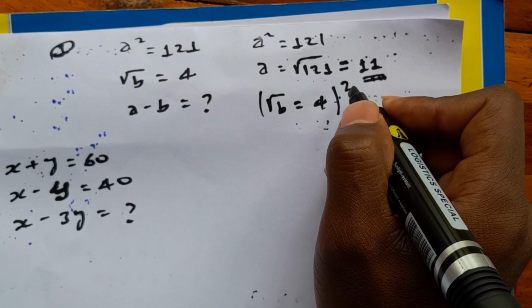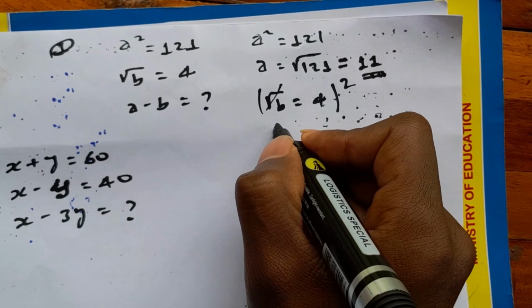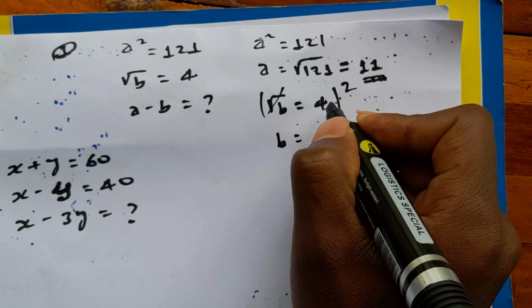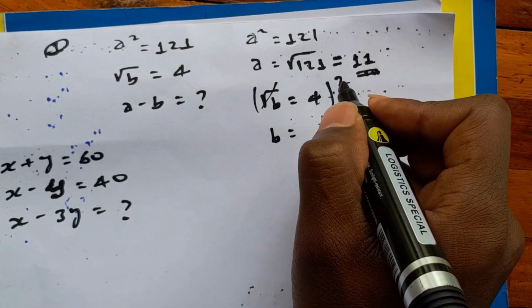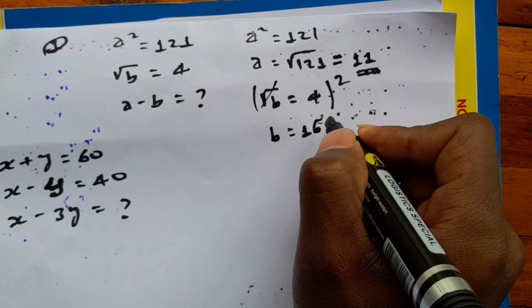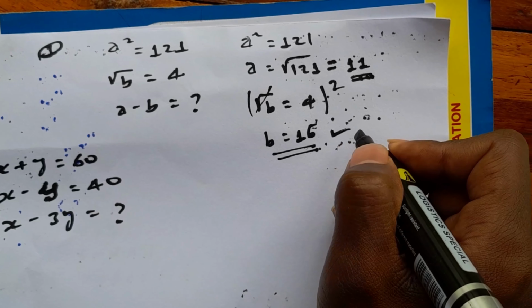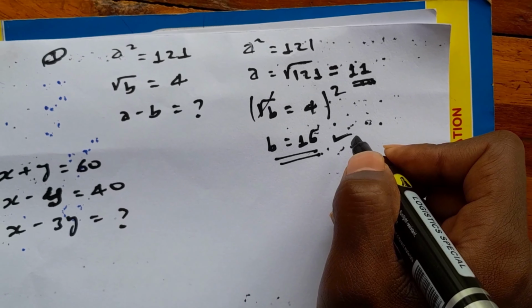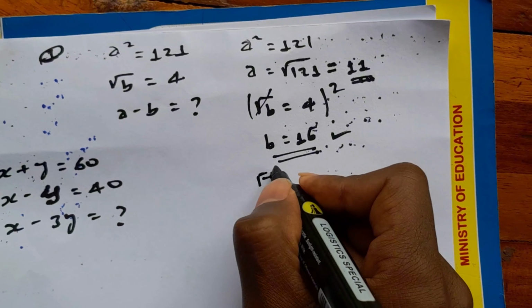This rule cancels the root. After that, b is equal to 4 to the power of 2, which means 16. 4 times 4 means 16. Yes, we got the value of b. The value of b is 16.